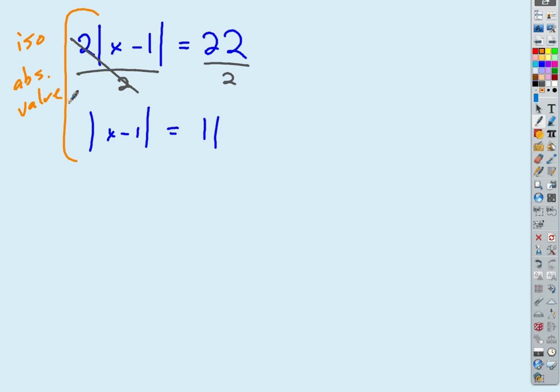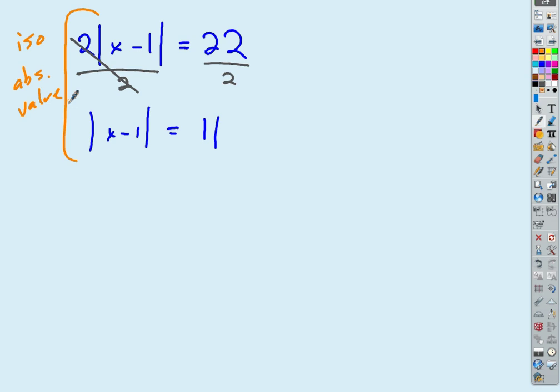Okay, once we've isolated the absolute value, then what did we do? We can't go any further until we get rid of the absolute values, right? We can't do any algebra inside the absolute values. There's a temptation to make that a +1 because we have absolute values there. But we can't do that because that's doing stuff inside the absolute values, right? What do we do? Didn't you put negative? Okay, so we're going to set up 2 equations.